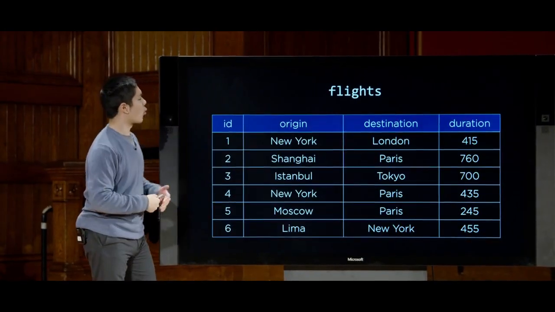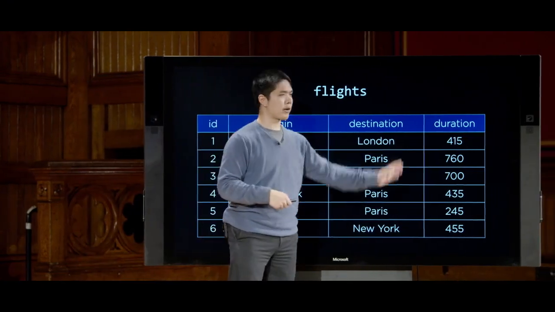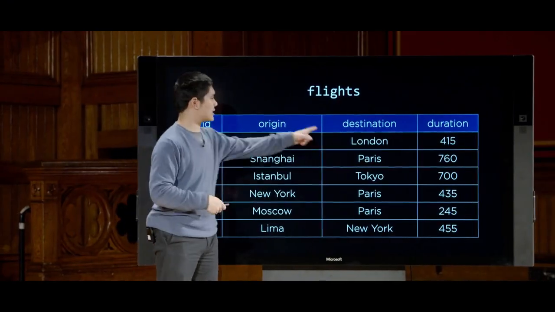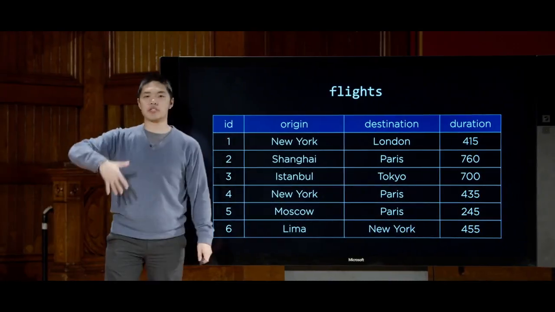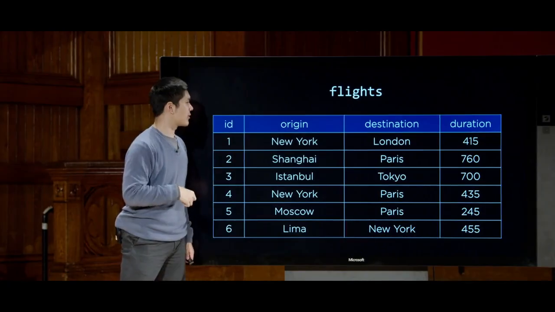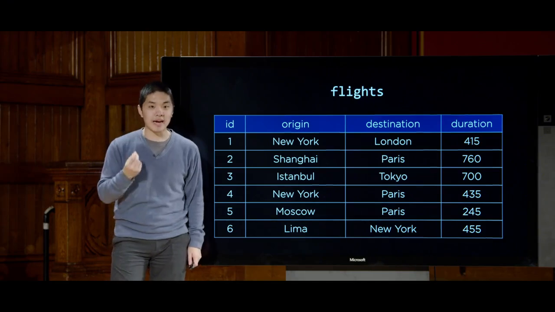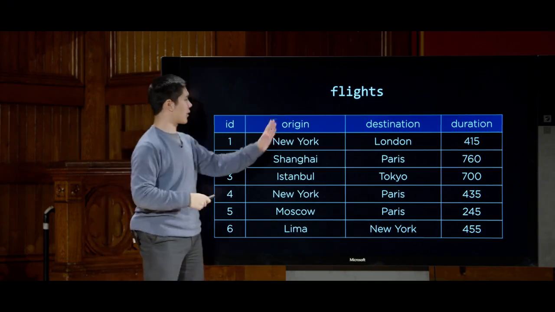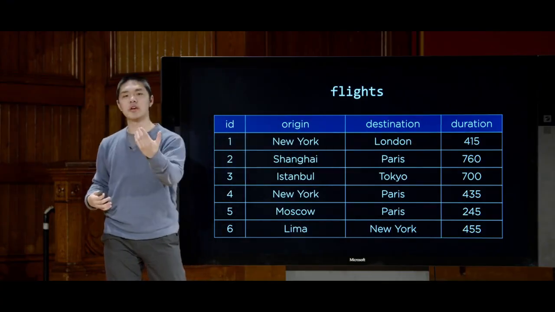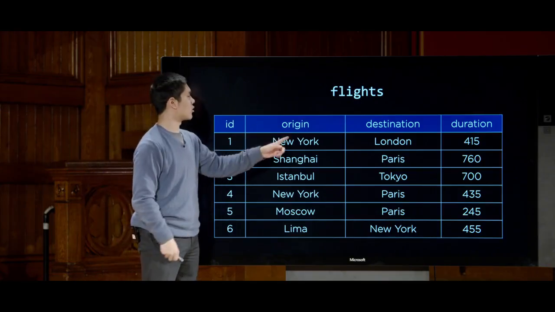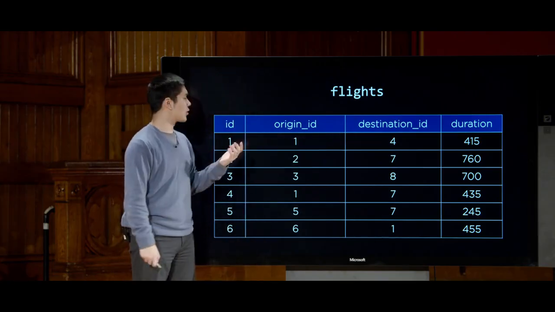And the question becomes, what happens to my flights table? My flights table had an ID, origin, destination, and duration, where the origin and destination were in this case just text-based data representing the name of the city from which the flight is departing or to which the flight is arriving. Well, now that I have this separate airports table, where every row has its own unique ID, instead of storing an origin and a destination as text, I can store what we'll call a foreign key, a reference to a key in another table, and rename these columns to origin ID and destination ID, which instead of storing text are going to store a number.